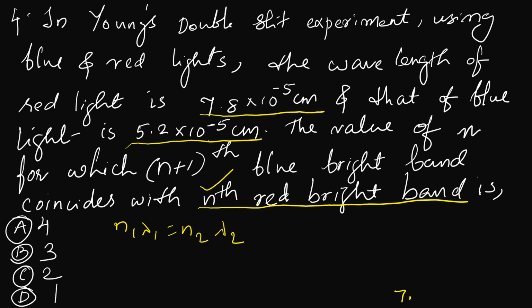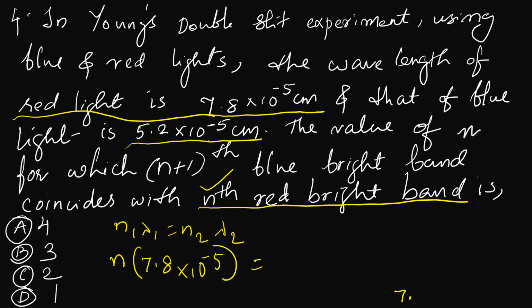For the red one, it is n. So n1 is n, and lambda 1 for red is 7.8 into 10 raised to minus 5. And n2 for blue is n plus 1, and for blue, lambda 2 is 5.2 into 10 raised to minus 5.